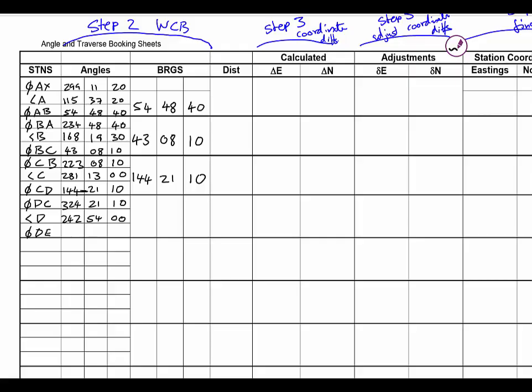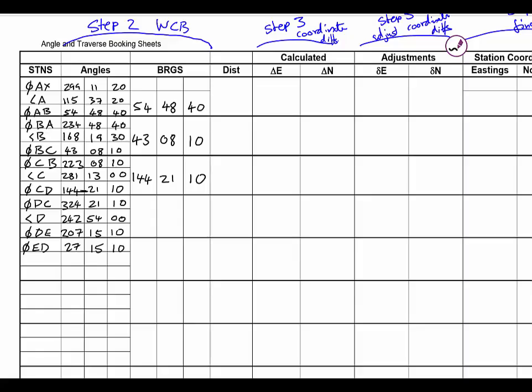Add these two together, subtract 360, and get 207, 15, 10. Reverse that, so minus 180, get 27, 15, 10.